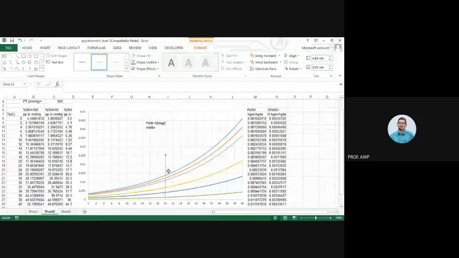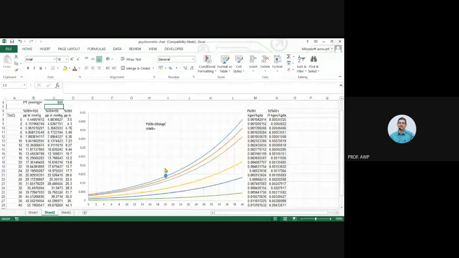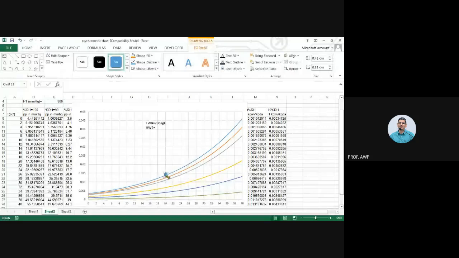That's how our HWB is, right? So this is our point corresponding to TWB on the x-axis and HWB on the y-axis. Do you agree with that? Yes, sir.